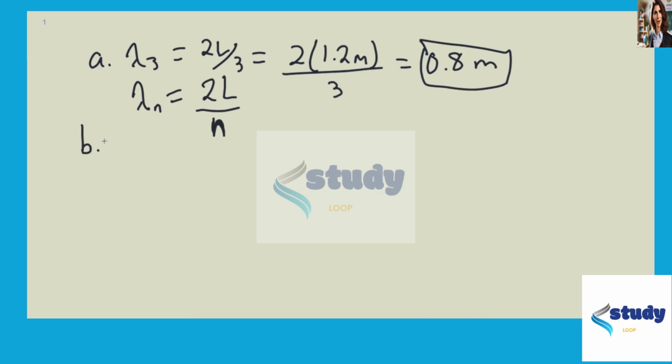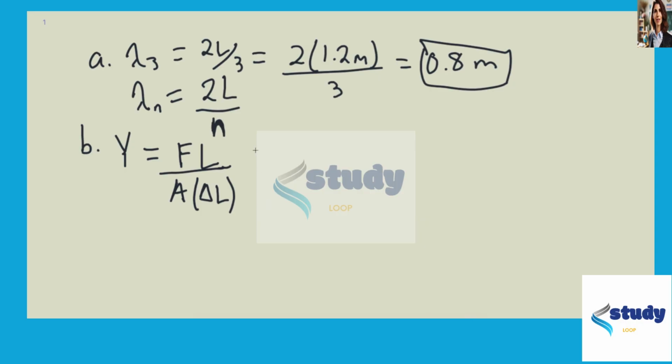So if this ball is being replaced by a ball that has more mass, what's the change in wavelength of the third harmonic? We can say that the Young's modulus can be related to the force, the tension, whatever that force may be, times the length of the string over the cross-sectional area of the string, and then times the deformation or the change in length of the string.